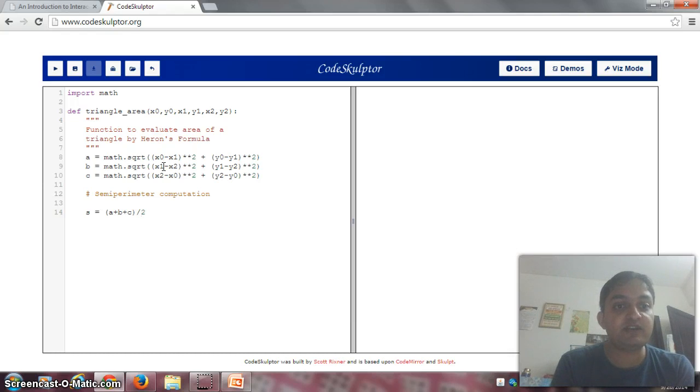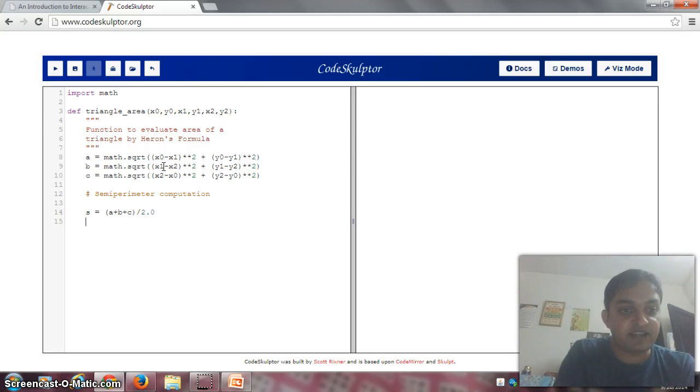Since A, B, C are obtained as a square root of a positive number, it can be a floating point number. So it is better to use 2.0 for a floating point division in S to get accurate results.